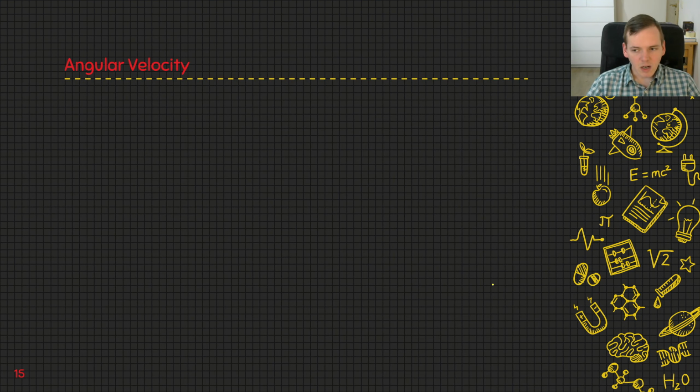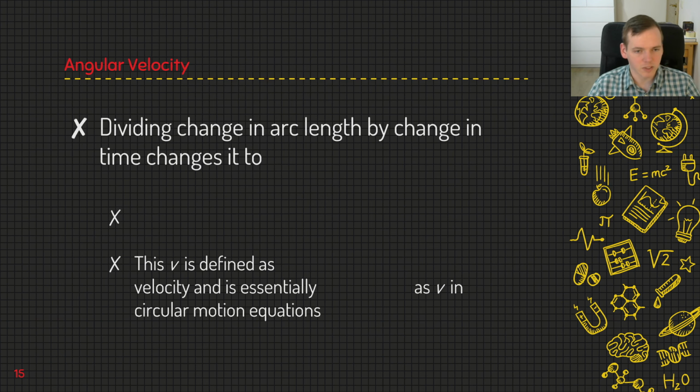So now that we've talked about how to relate position, or distance traveled around the outside, to the rotation, theta, now we can do the same thing with the other quantities, angular velocity and angular acceleration. If we divide the change in arc length by the change in time, it'll change to angular velocity.